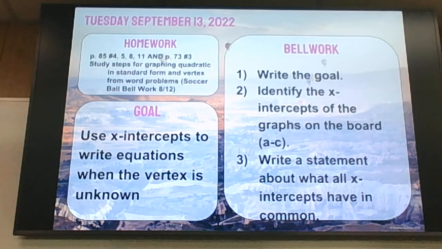Adrian, the second one's a -4, -6. You're closer. Which one are we looking at? B. Oh, B. Yes. Oh. Okay, so it's -6. I thought it was a dot. Okay, that should be the dot. What do all x-intercepts have in common?